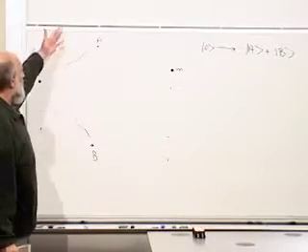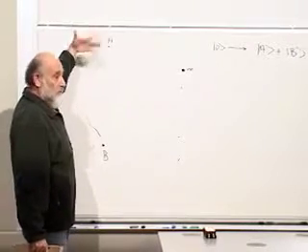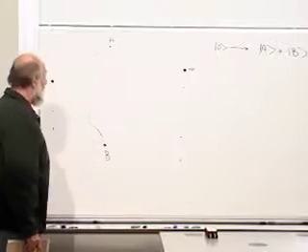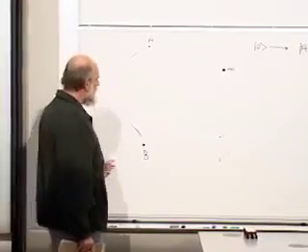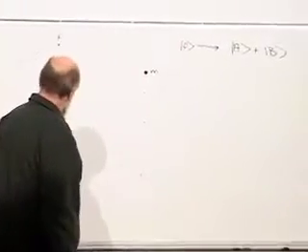It means a state in which the electron could be at A. You could find it with a probability of half at A, and you could find it with a probability of half at B. And it's just a quantum superposition of the two configurations.